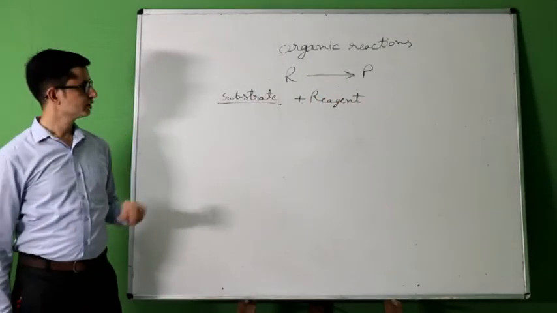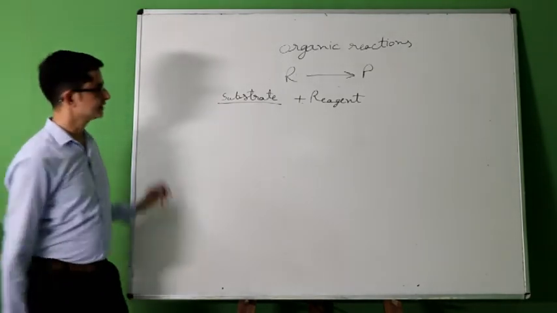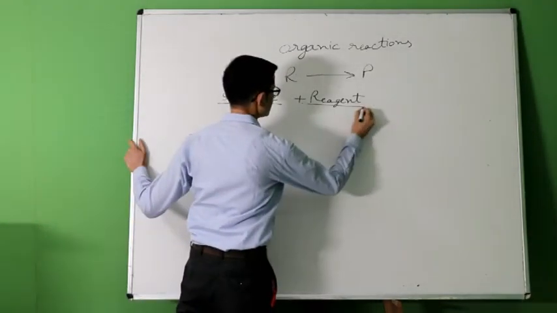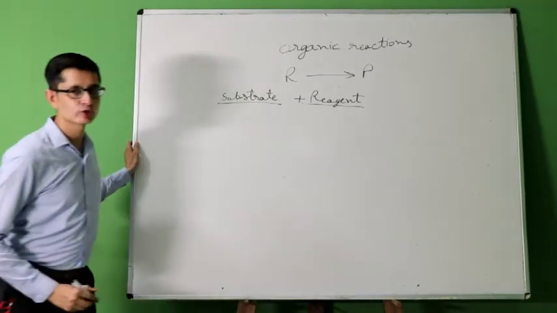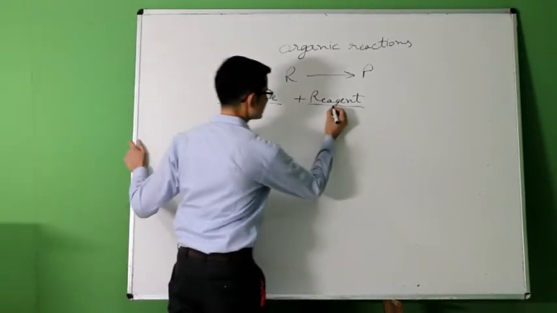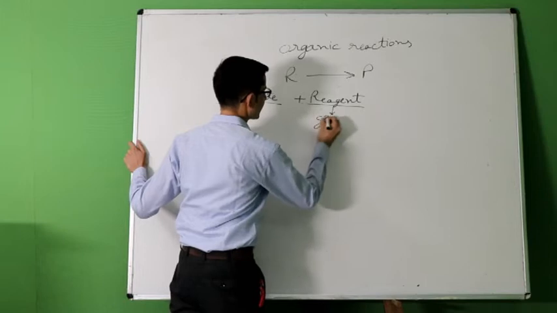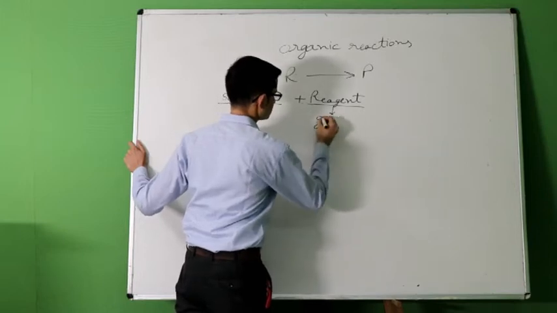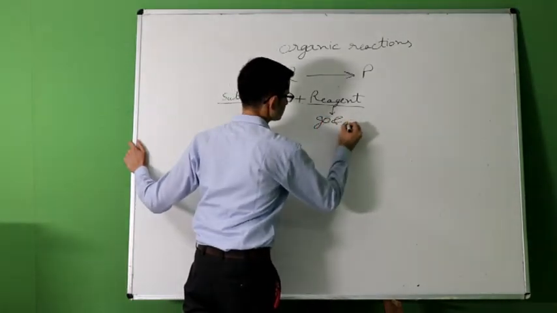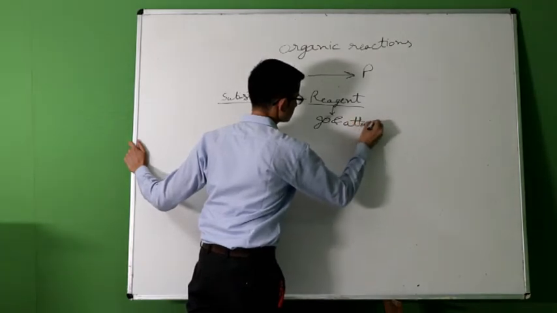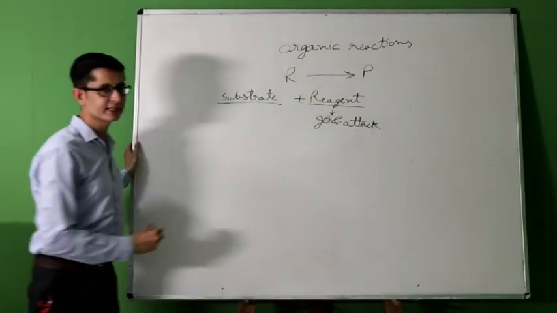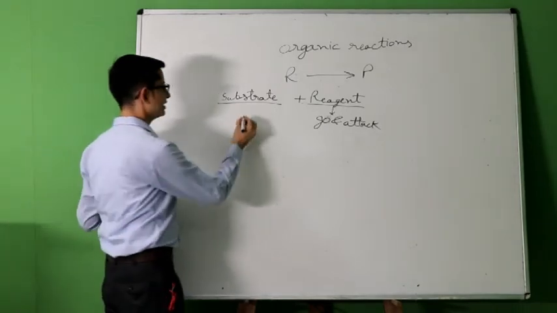Reagents, or attacking reagents, are substances which attack the substrate. So these are substances which go and attack. Substrates are substances which are being attacked by reagents.